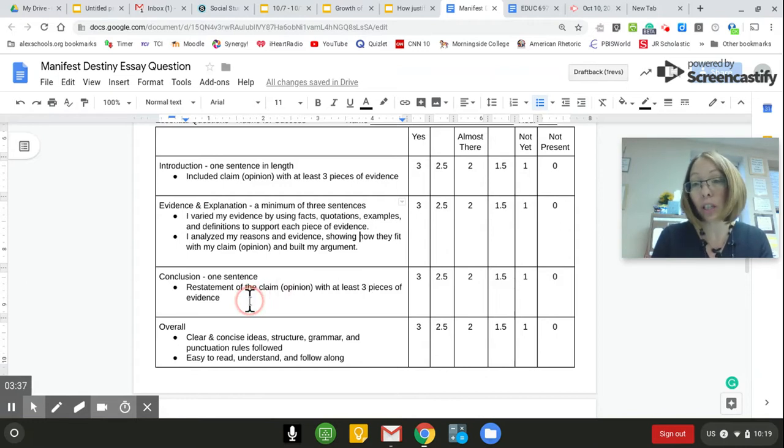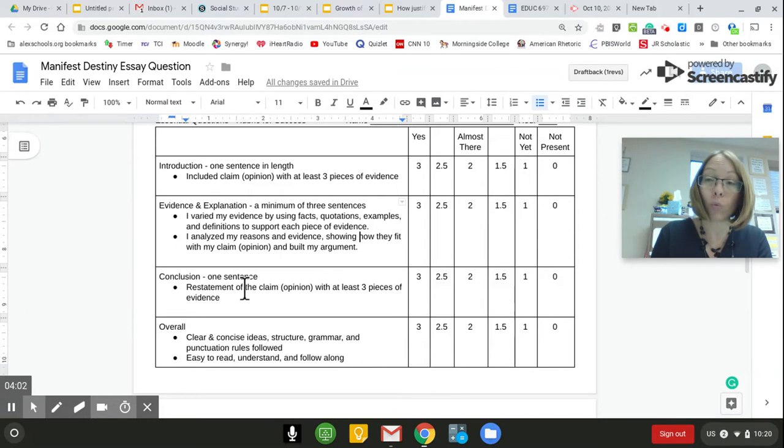The conclusion then is really just a restating of that. So your claim, your opinion, and then those facts. So again, I believe that it is not a nice day outside, and these were the reasons that I talked about. This ties nicely into when students start writing longer essays, because the first paragraph is typically your introduction.